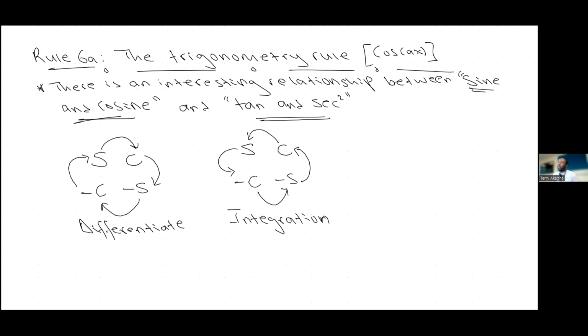Now the same thing between sec squared and tan. When you differentiate tan, it's going to give you sec squared. And when you integrate sec squared, it's going to give you tan.